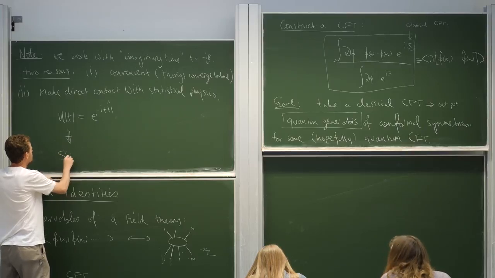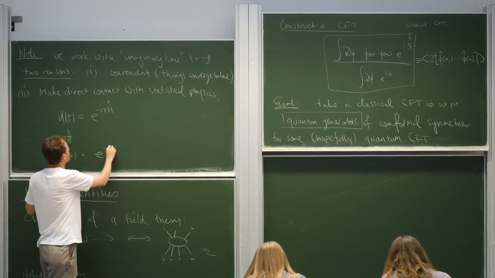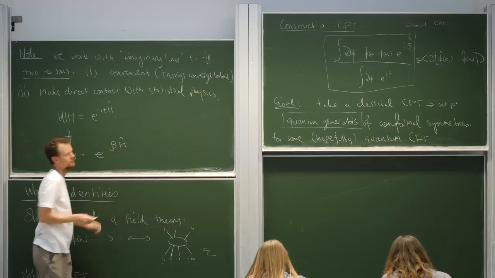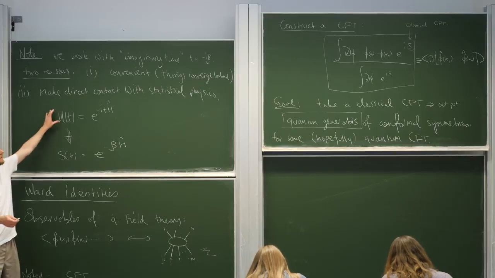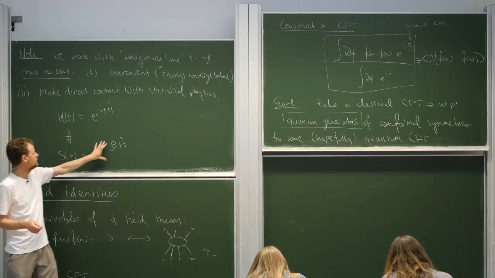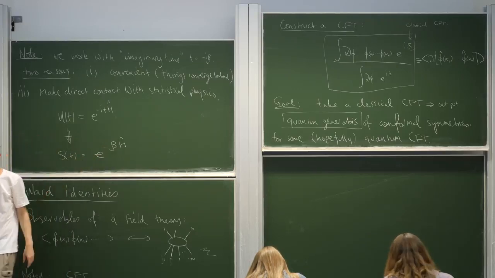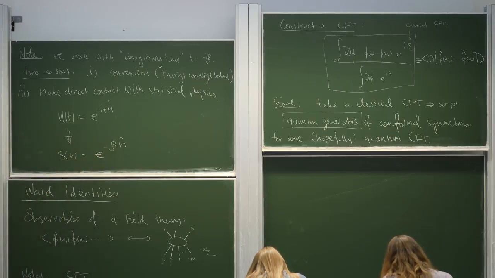I guess we'll call it S of t. So t equals minus i beta replaces the unitary generator of time translations with this non-unitary semigroup e to the minus beta H, with the fixed point being the ground state.